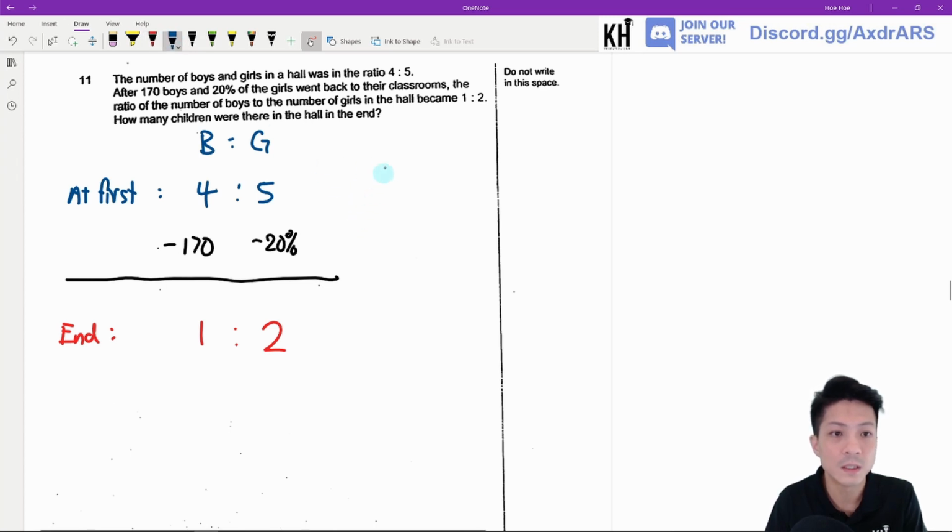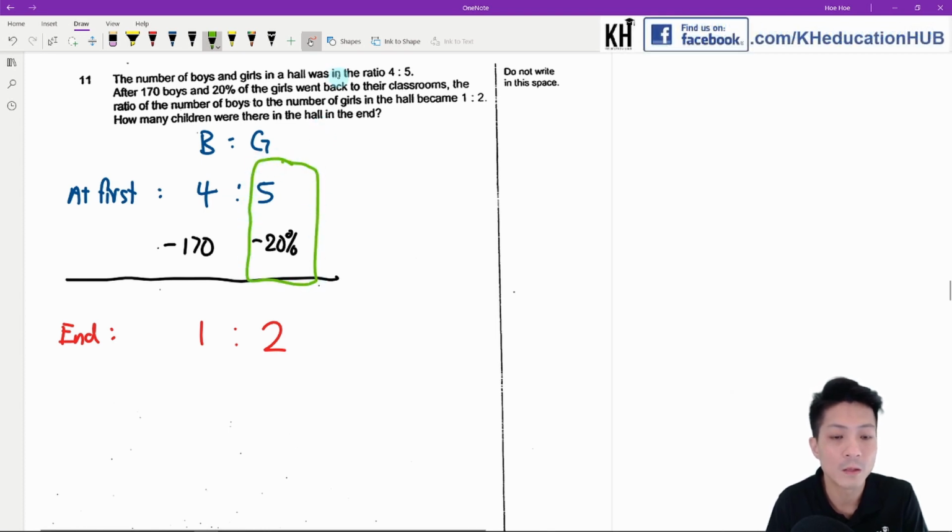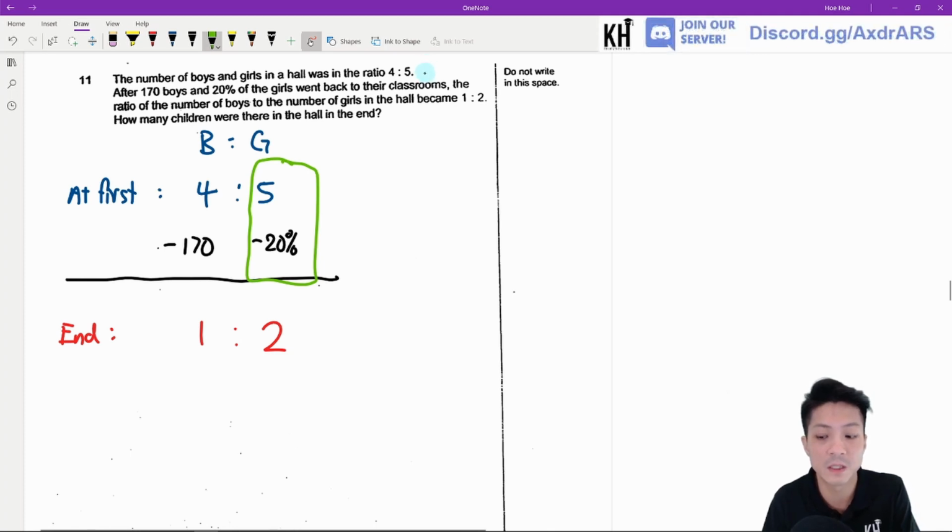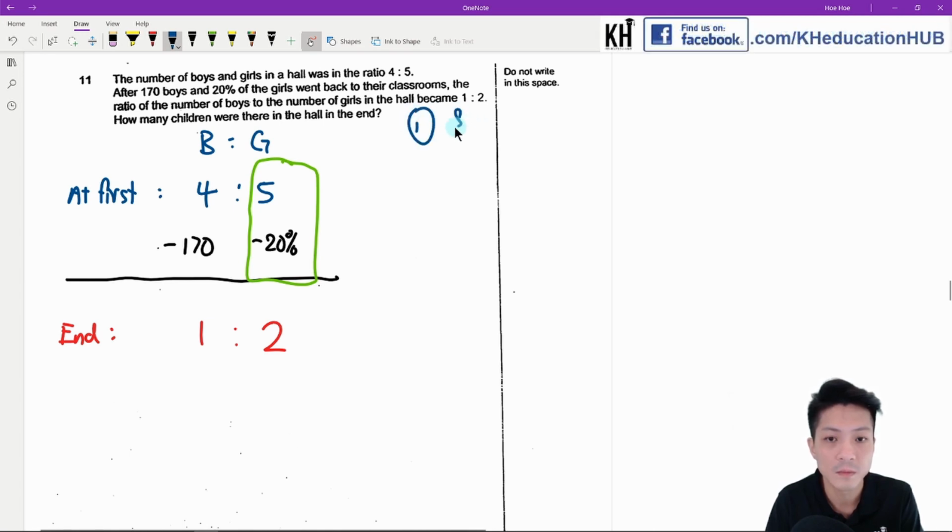Okay, so the first thing that we can find is, if 20% of the girls went back to the classroom, it means that 80% of the girls were left behind. So we can find what is 80% of 5 units.